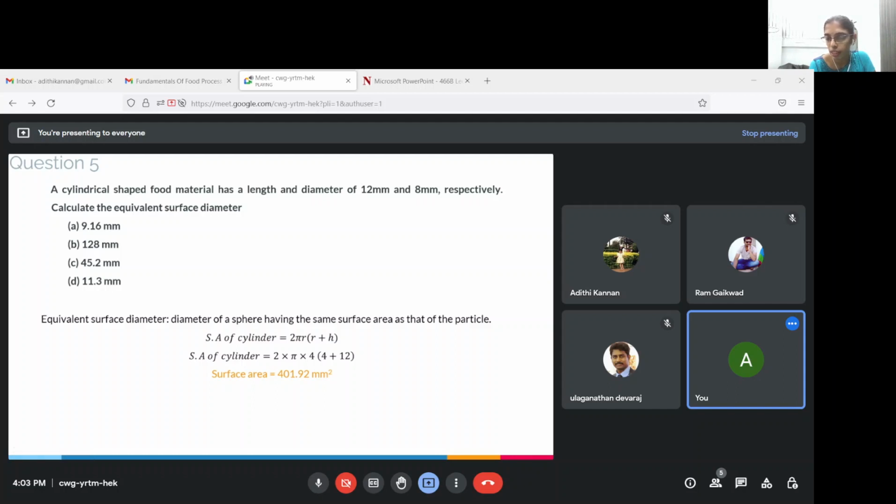In case you guys are calculating, I'll slow down or else I can move on to the next step. You can let me know if you want to move to the next step. So from this, what is the diameter of the sphere that you are getting? Equivalent surface diameter.